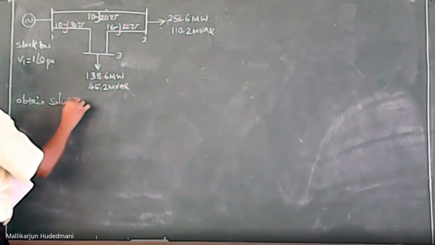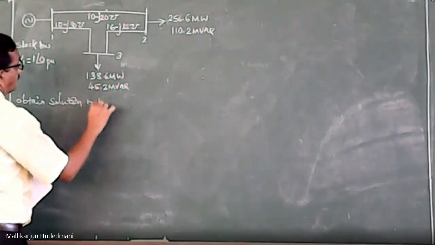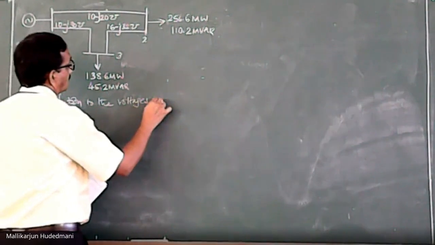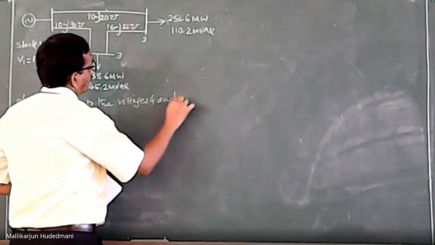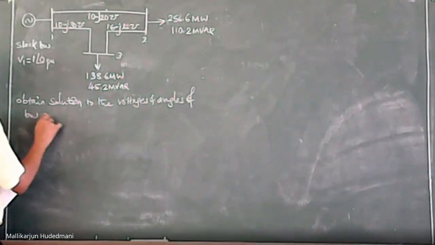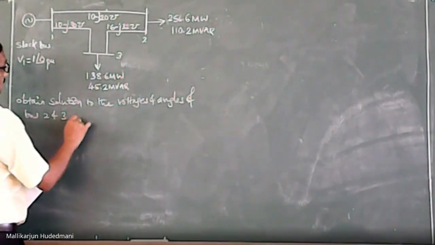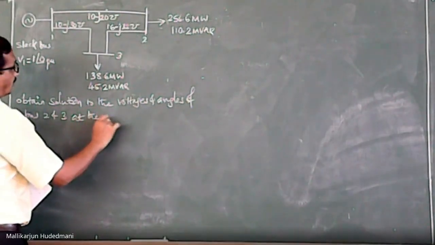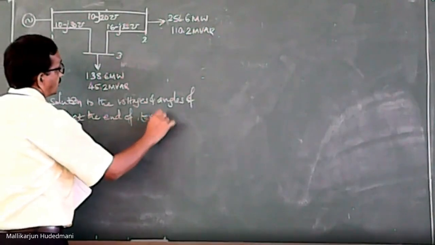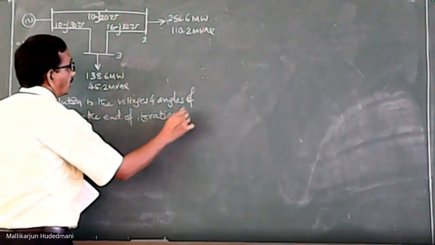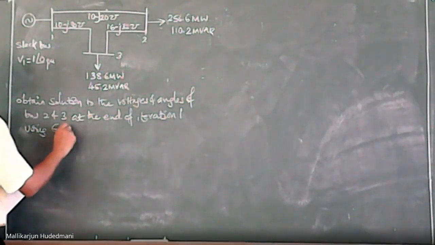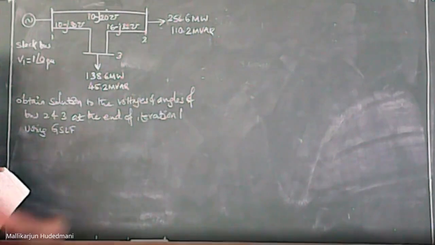Okay. So obtain the solution to the voltage and angle of bus 2 and 3 at the end of iteration 1 using the Gauss-Seidel load flow method.